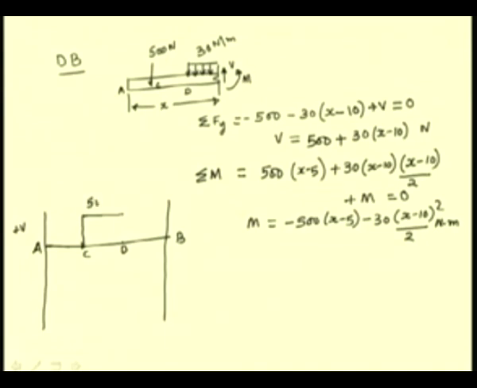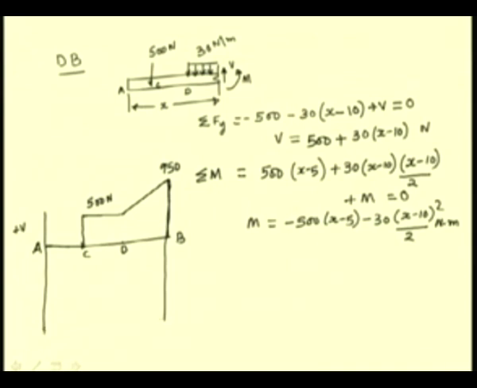And for the portion DB, we have seen that the shear force starts from 500 Newtons and linearly varies to a shear force value of 950 Newtons at B. So, this completes our shear force diagram.